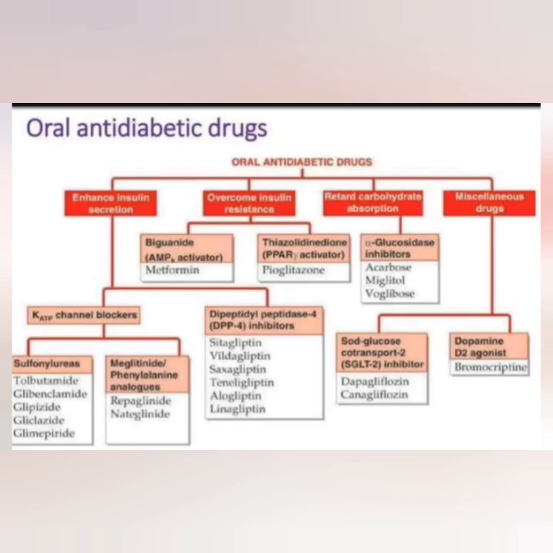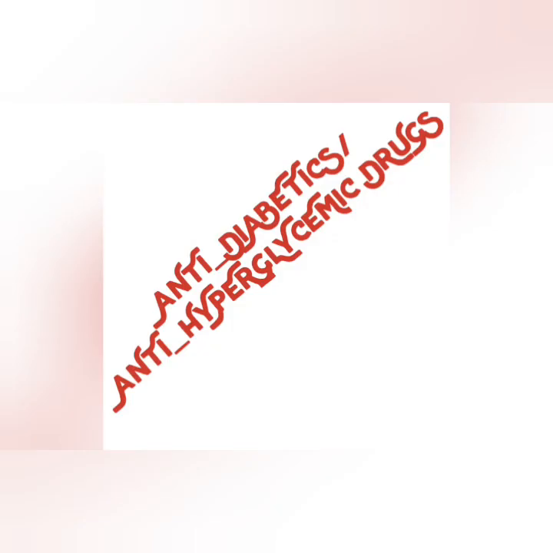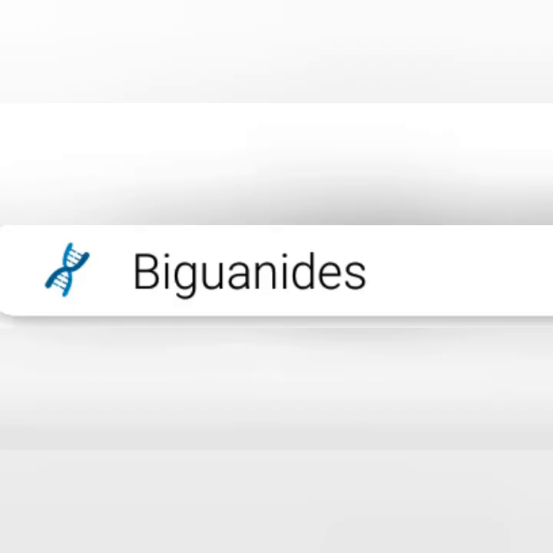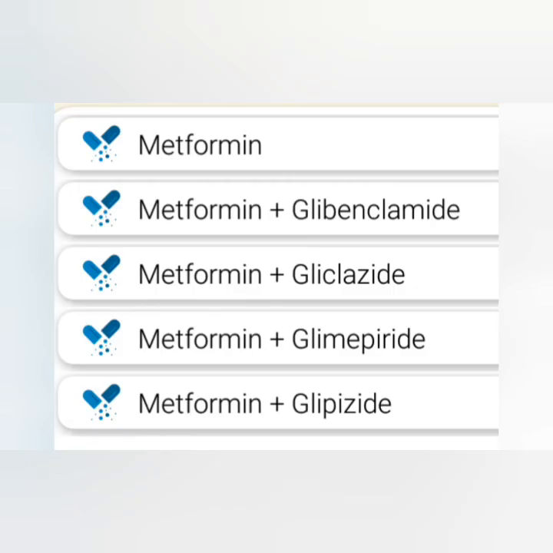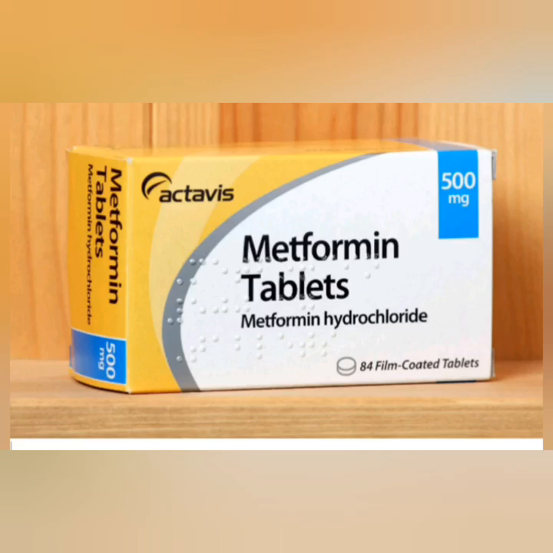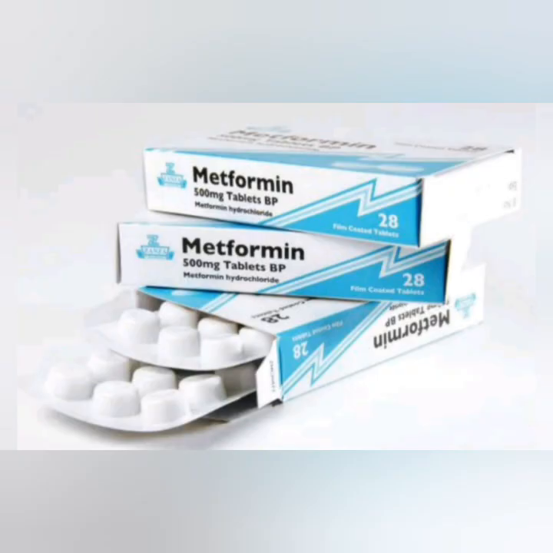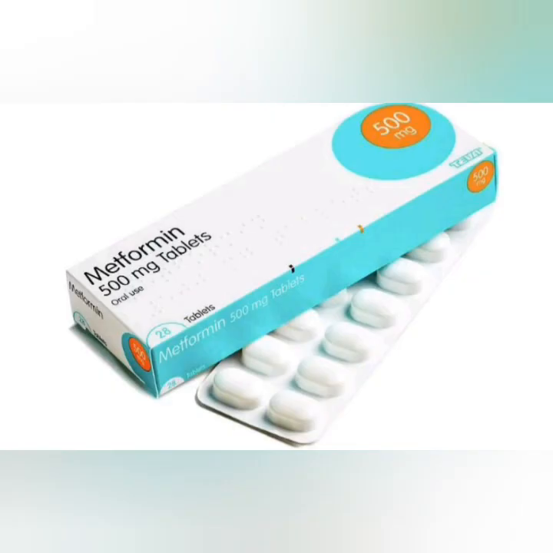They stimulate tissue uptake of glucose, particularly in muscles, and reduce gastrointestinal absorption of carbohydrate, which, as we all know, carries along the glucose we are discussing. Examples are metformin, buformin, phenformin, and many others under this class.